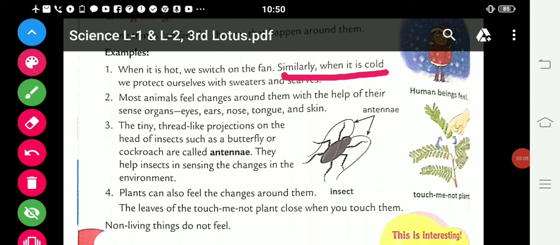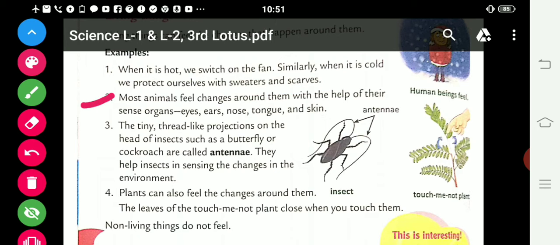Similarly, when it is cold, we protect ourselves with sweaters and scarves. When we feel cold, we cover our body with sweaters, blazers, scarves, etc.